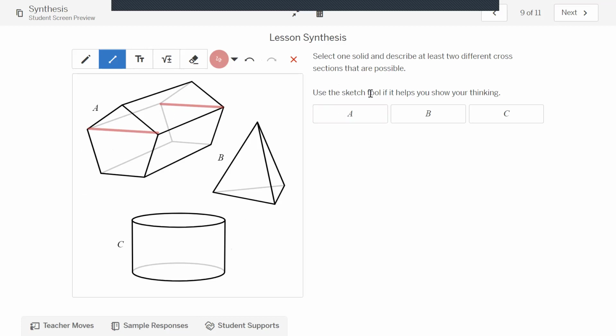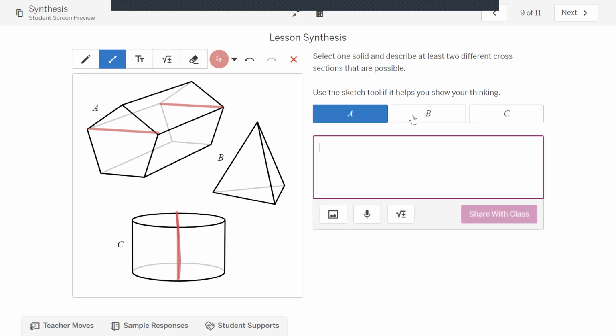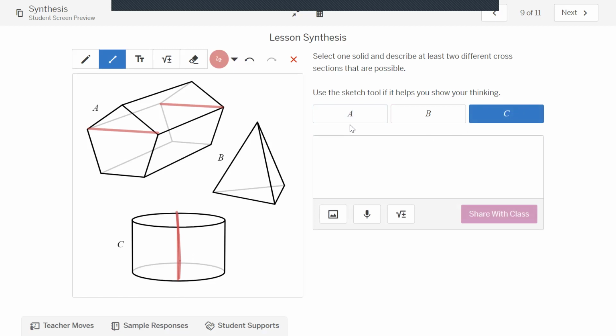Okay. And go to the center, like that. Create a square for C. Oh, one solid.